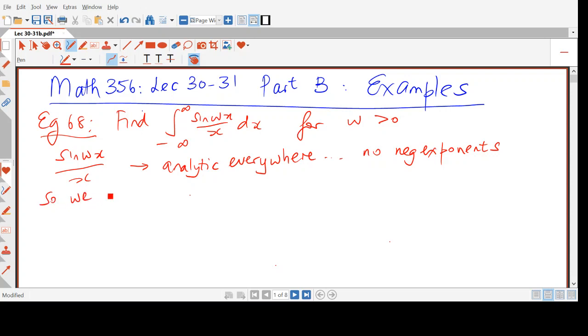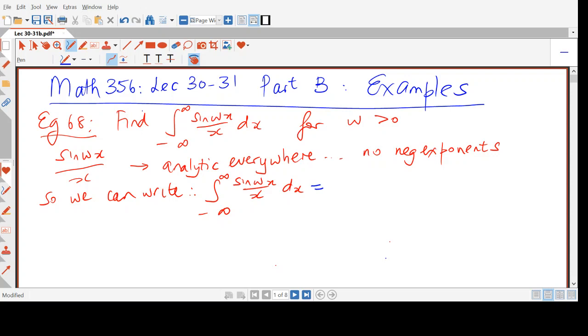So we can write this as follows: integral of sine omega x over x dx. Notice the denominator has got an x, which means it has a real pole. It's not a complex pole or an imaginary pole, it's a real pole at x equal to 0. So then we need to apply the methods we've just learned.